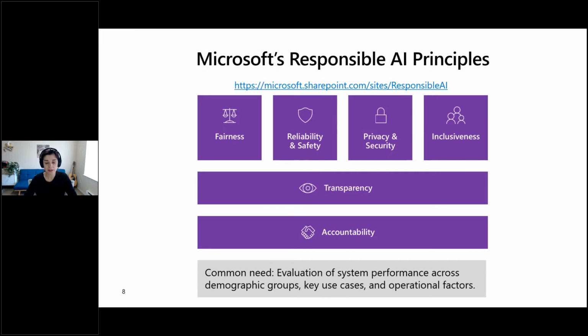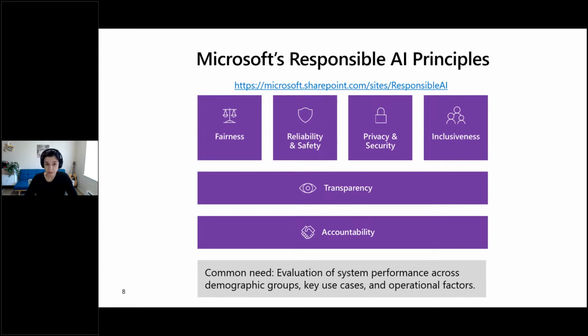So here is a very quick overview of Microsoft's responsible AI principles. You might have seen this in the past, but these principles relate to aspects of AI systems and deployments, such as fairness, reliability and safety, privacy and security, inclusiveness, transparency, and accountability.